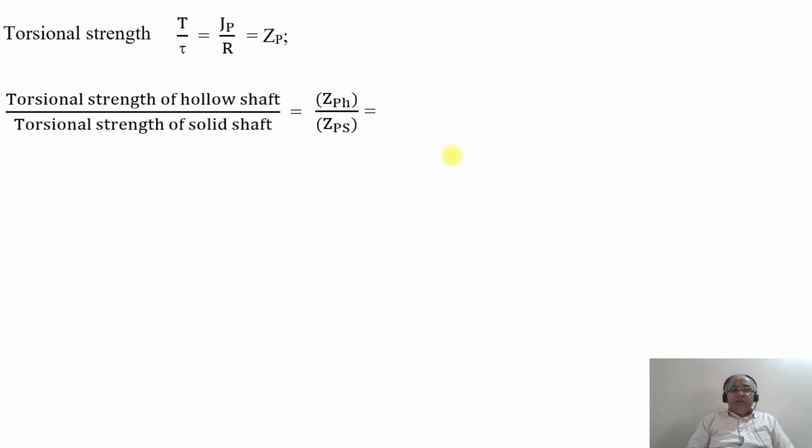The sectional modulus of the hollow shaft is pi by 16 into d naught to the power of 4 minus di to the power of 4, by d naught. The entire thing is divided by pi by 16 into d cube.